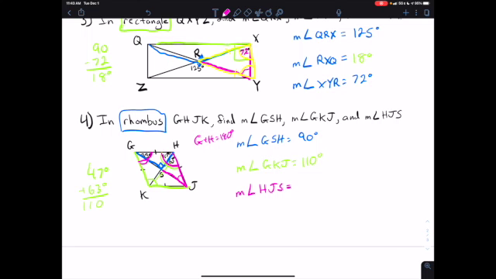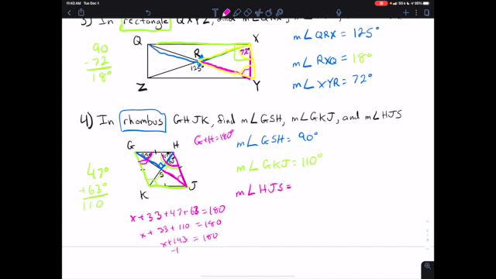So for G, we have x plus 33. And then for H, we have both 47 and 63, or we could just add those together and make them 110, but I'll write them out this way. And that should equal 180 degrees. So this is 110 plus 33 plus x equals 180. Put those together, it's 143.